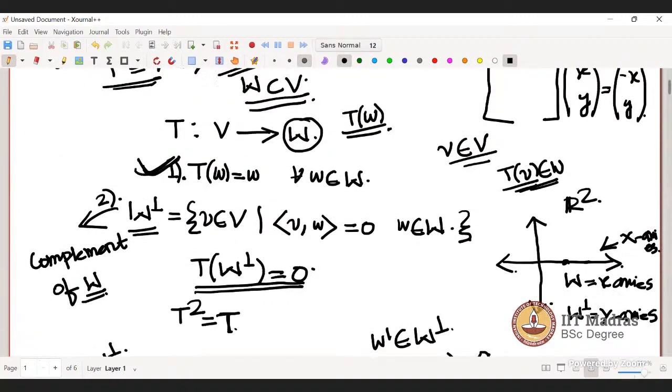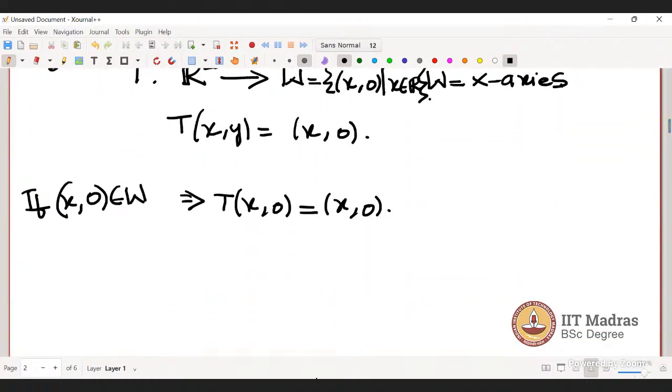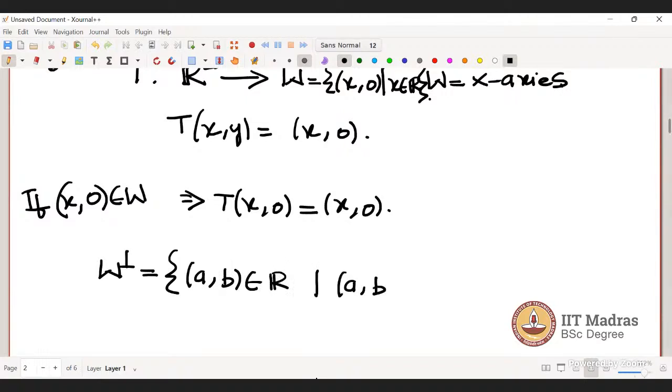And what is the orthogonal complement of W? What is W perp? Y-axis. Basically the set of all elements in R square.